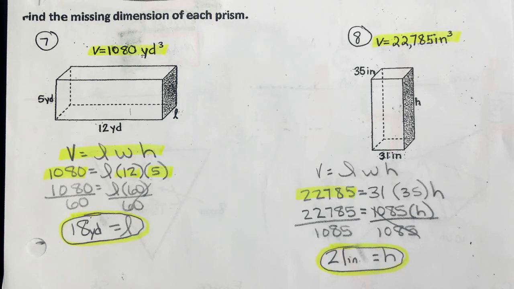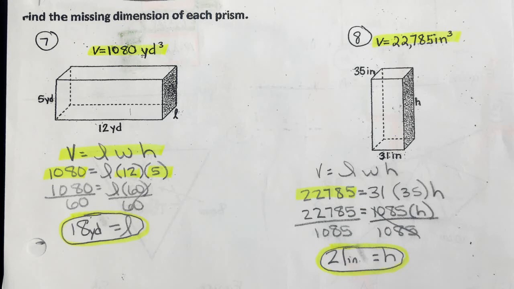Number 8. I realize it's a big number, 22,785. I'll admit, I even questioned, am I right? Here's the one thing. When I got all the way down here, it is 21. Hint, hint. You know the formula: volume equals length times width times height.